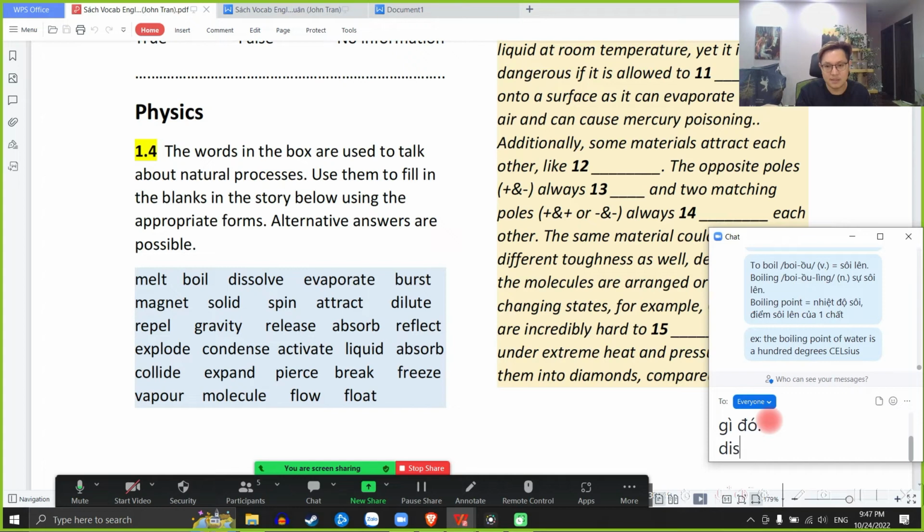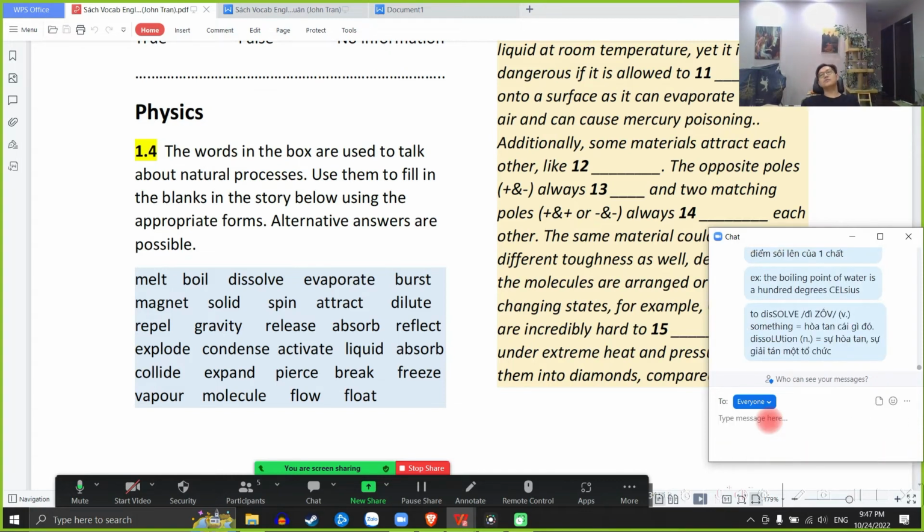The noun form is dissolution. Dissolution has another meaning: the breaking up of an organization. It means like when you dissolve a company, you disband the company entirely.